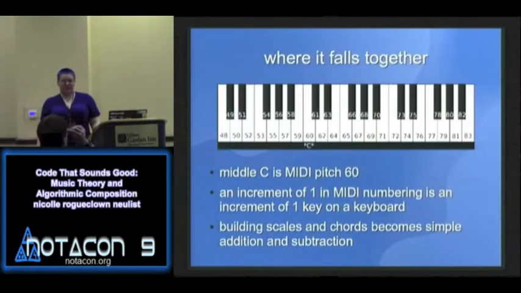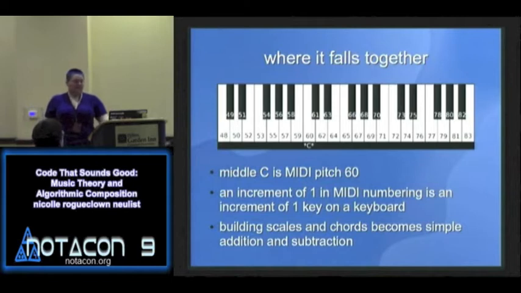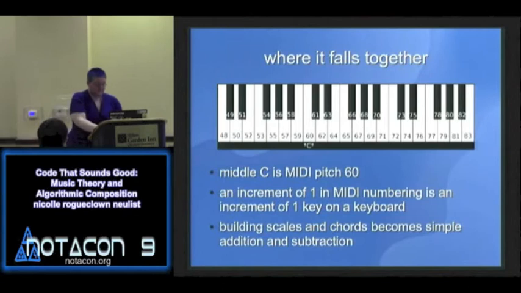And this is where it falls together. MIDI assigns numbers to each of the keys. Like middle C, this note here kind of in the middle of the keyboard, that's number 60. And then 61, 62, 63, 64. So 60, 62, 64, 65, 67, 69, 71, 72, that's the scale that I played.